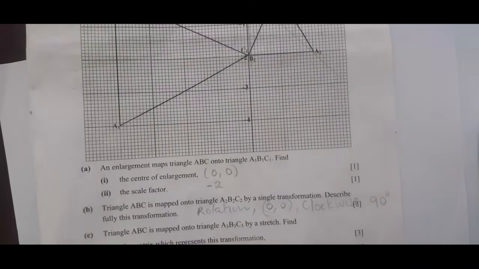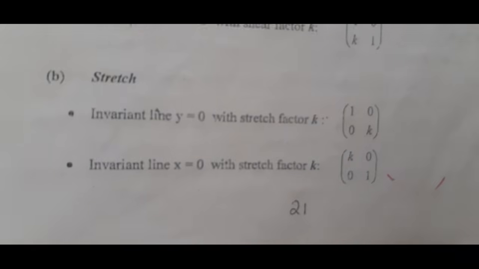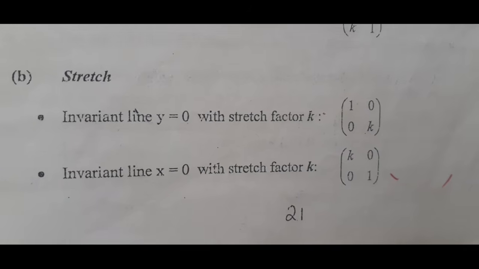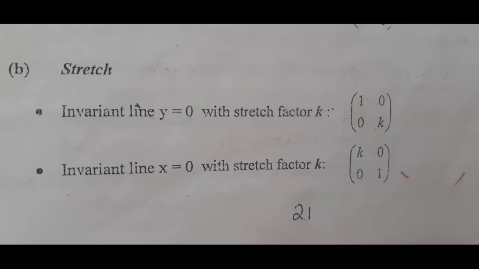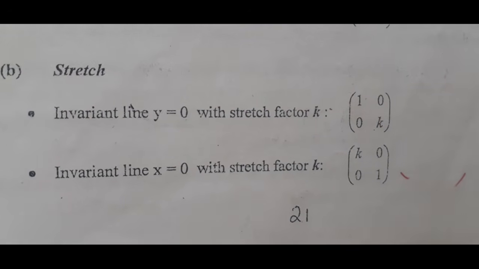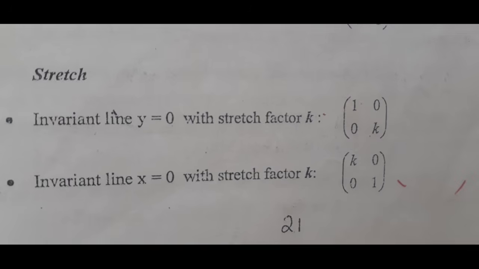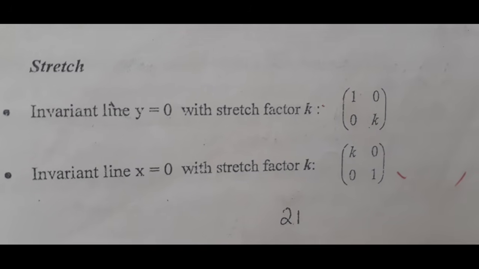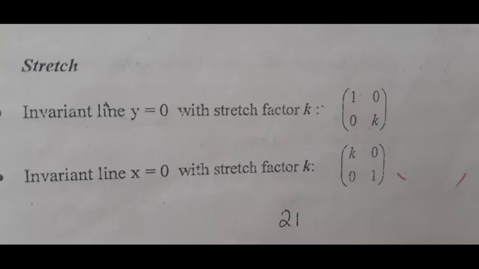So here we are helping one another to revise, and I want you to take note of these two matrices here. Stretch, when the invariant line is y equals 0, that is the first one. So which one is applying here? The second one, the invariant line is the y-axis.